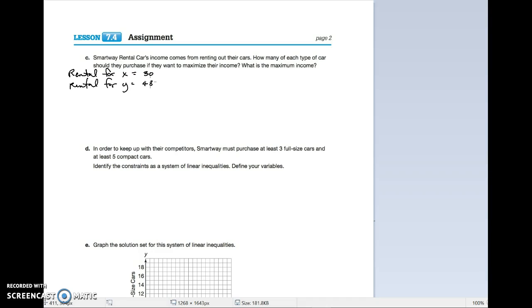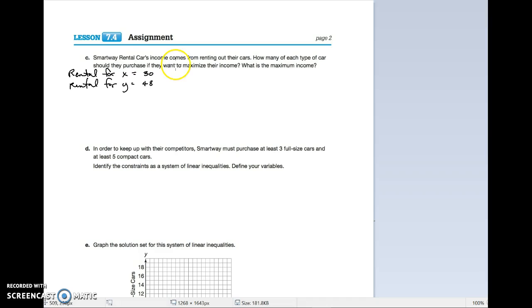So we want to know how much money they make for all of their cars. So if we took the total amount of compact cars, X, and multiplied that by 30, and the total amount of full-size cars, which is Y, multiplied that by 48, and then we put them together, that should give us our total amount of money that they make.